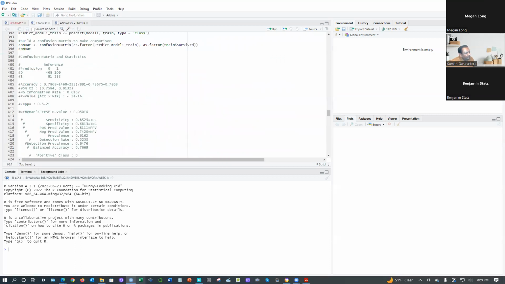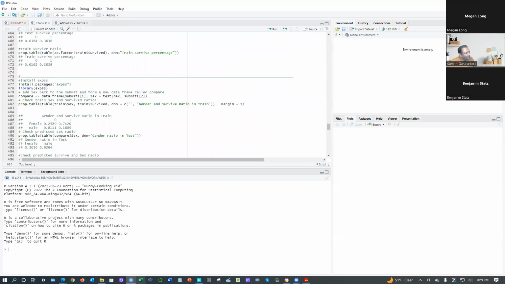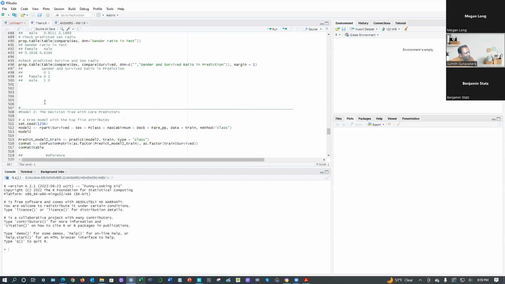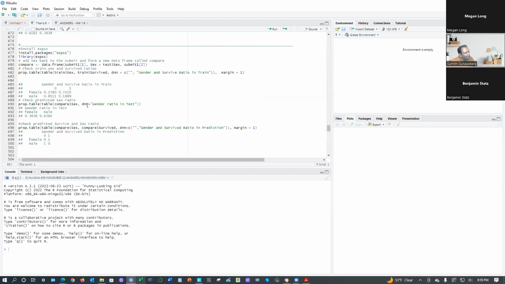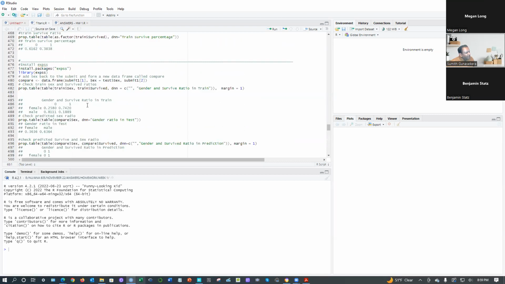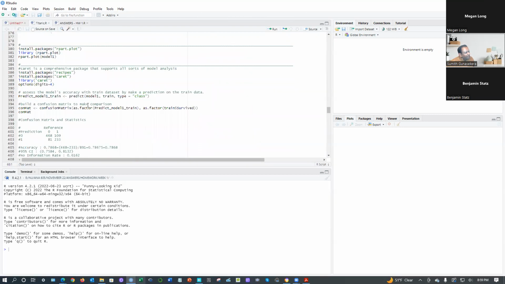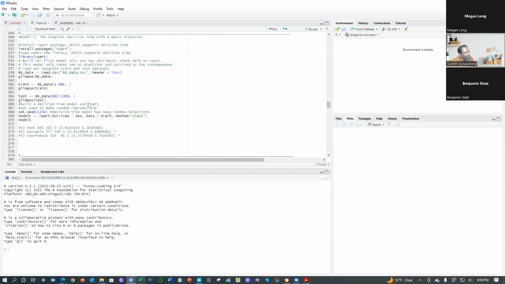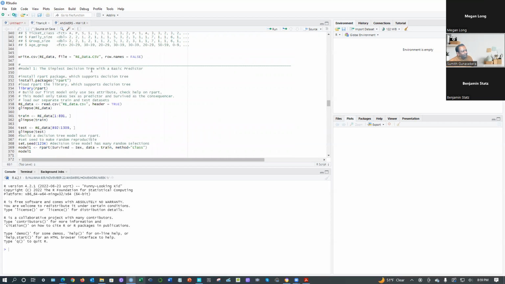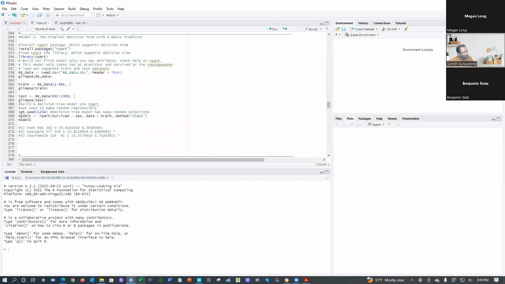Model 1 is the simplest decision tree with the basic predictor, which is here. Same thing, Survive is the Y variable. Then for the data, I'm going to use not the whole data, train data only.